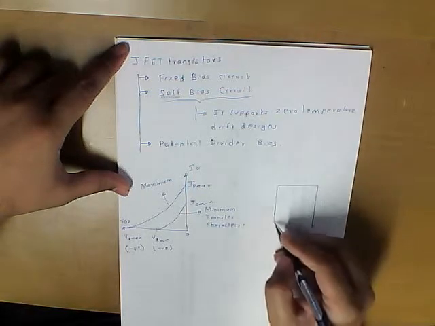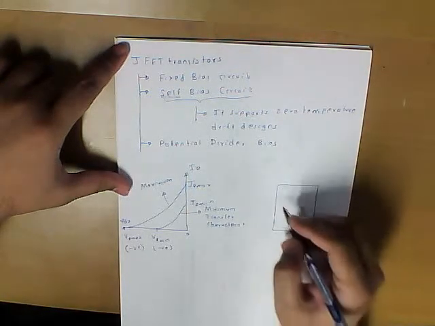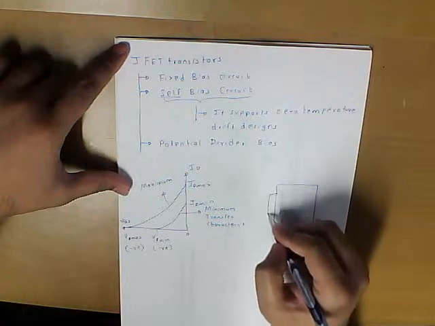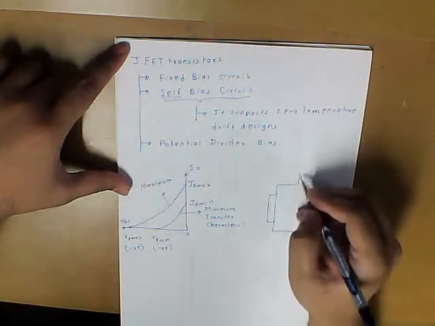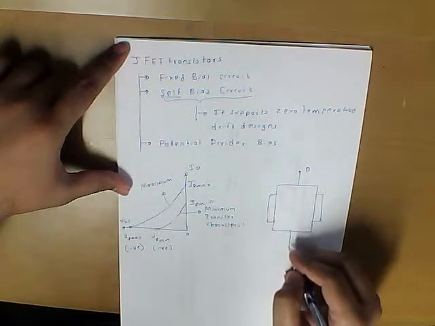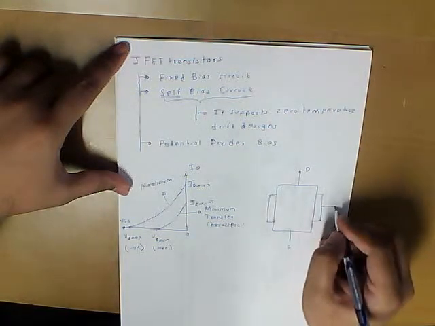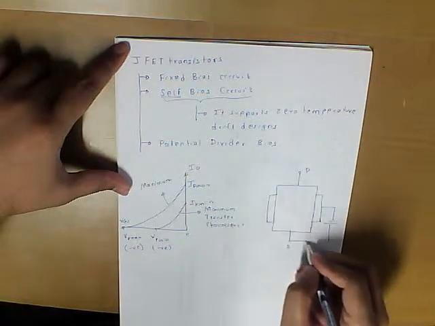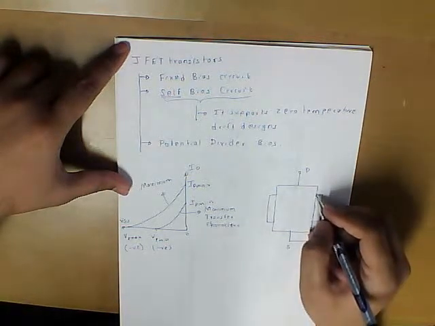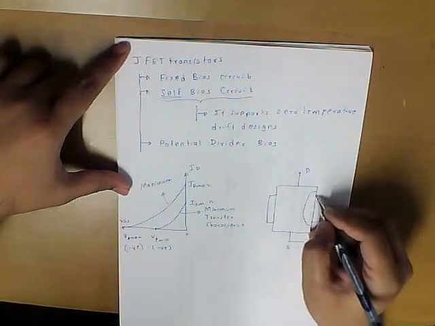If you look at the FET, let us say that this is the gate. We have two identical gates, and this is the drain terminal, this is the source, and it is a junction control. So we need to have some sort of a junction.